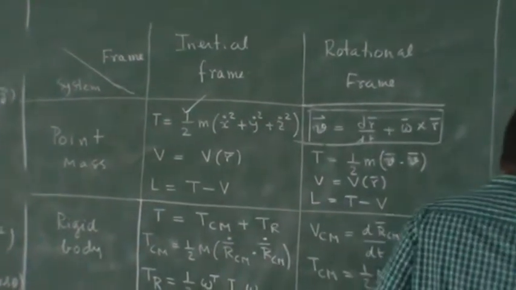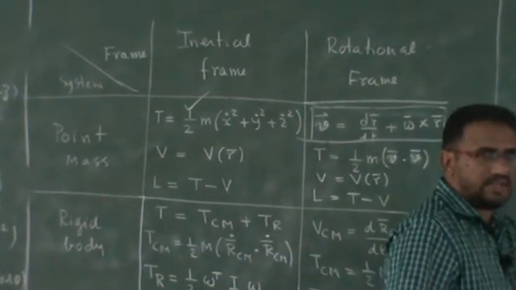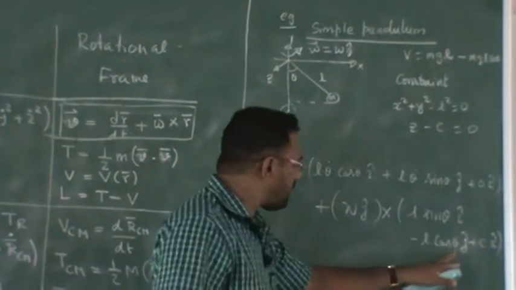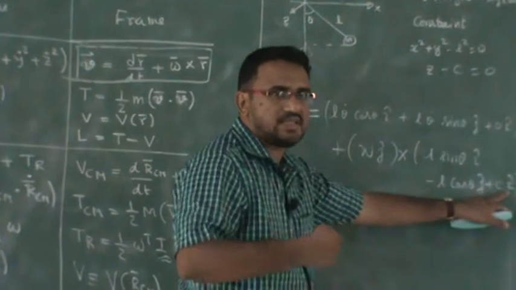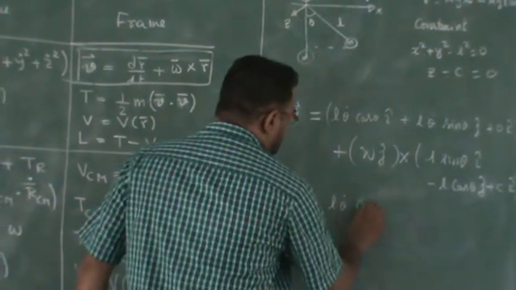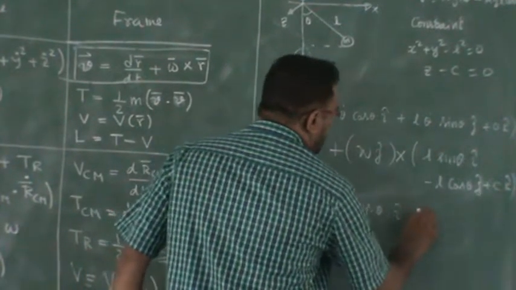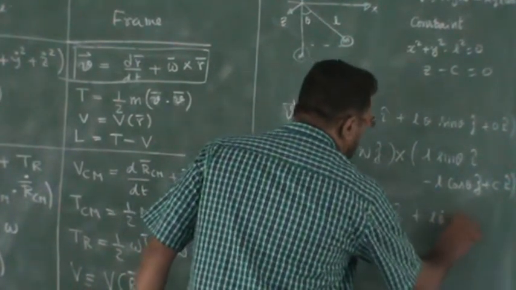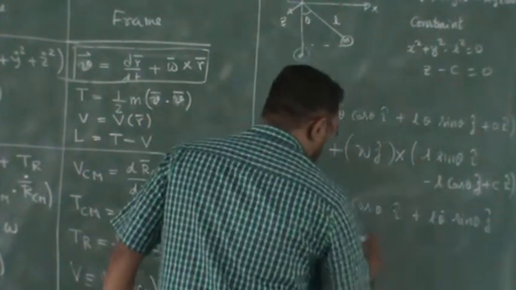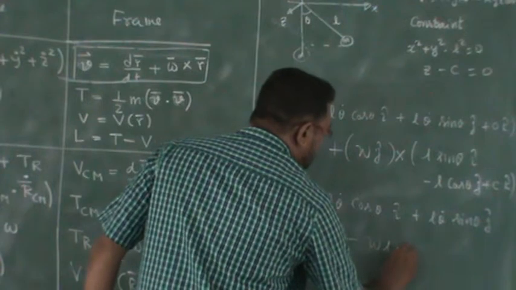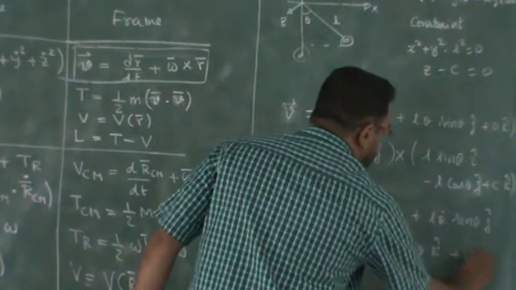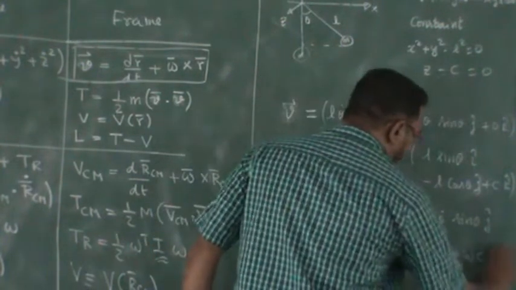Therefore, j cross j is 0, j cross i is minus k, and so on. So this is L theta dot cos theta i plus L theta dot sin theta j, minus omega L sin theta k cap, plus some constant omega c times i.